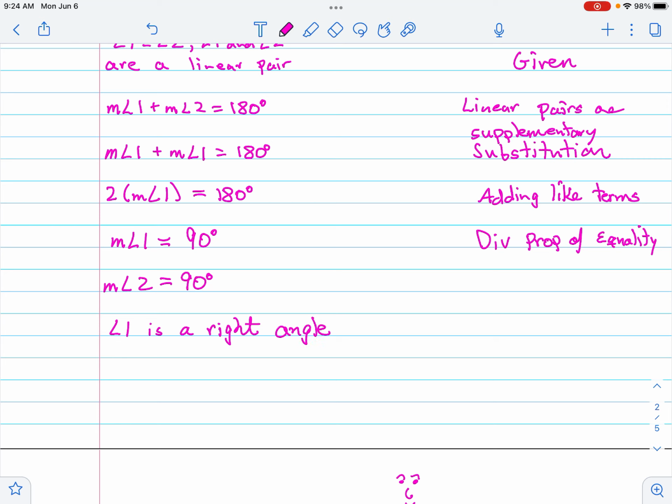That's just the definition of right angle. Thus, G is perpendicular to H. And that's just the definition of perpendicular lines, because if 2 lines intersect at a right angle, that's how we define perpendicular.